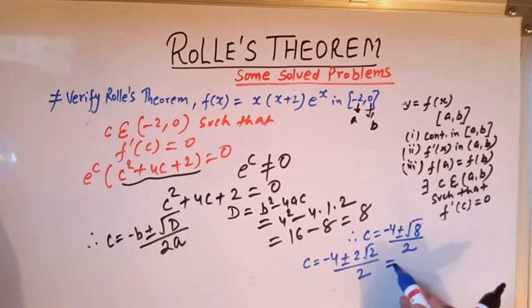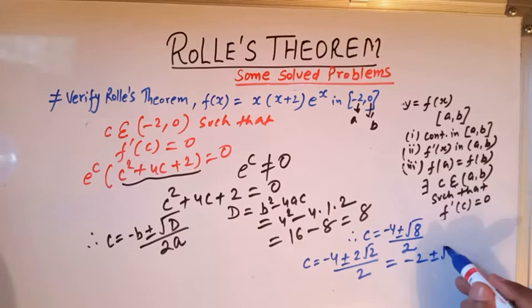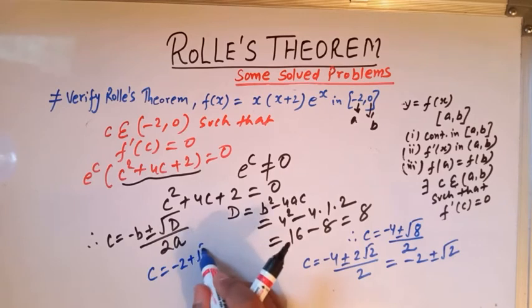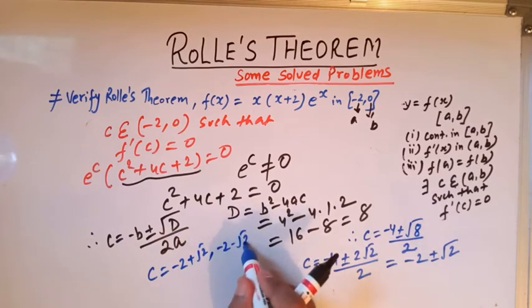Now taking 2 common, we have minus 2 plus minus square root of 2. Clear? So here we see that we have two values. One is minus 2 plus root 2, and other is minus 2 minus root 2.